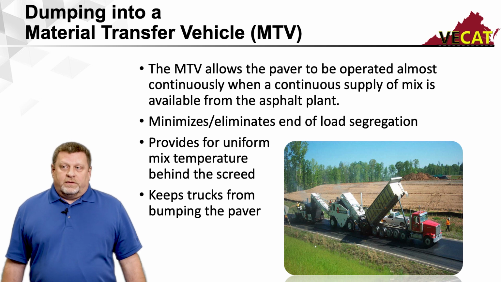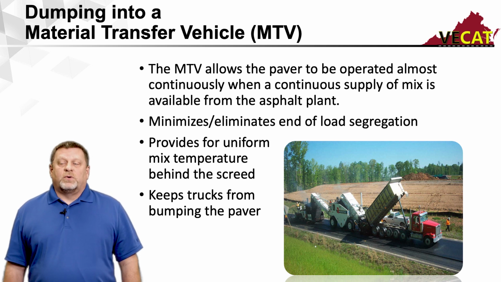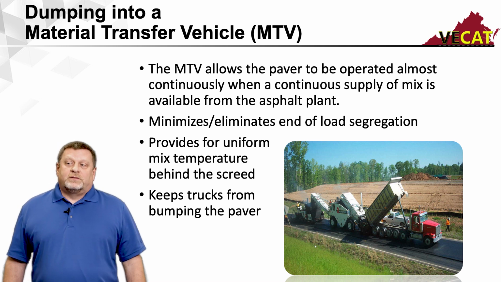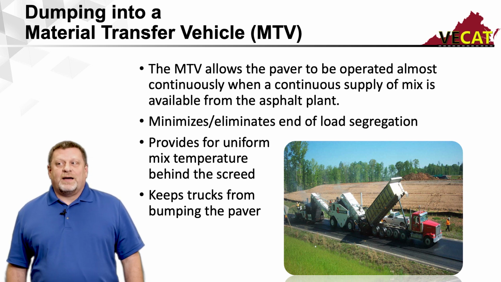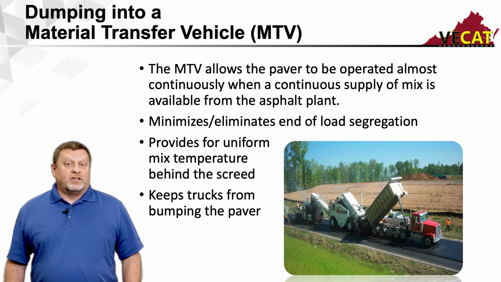A lot of the MTVs help minimize or eliminate end-of-load segregation. This particular device has remixing. That's how it eliminates the end-of-load segregation. It remixes the product. At the same time it's remixing and affecting the gradation portion of the segregation, it's assuring mix uniformity.